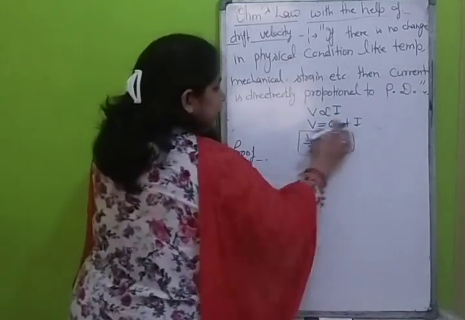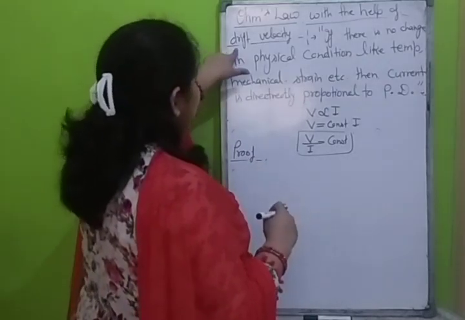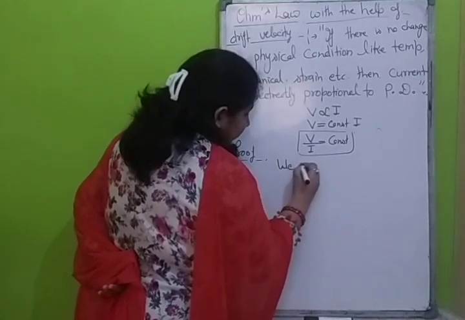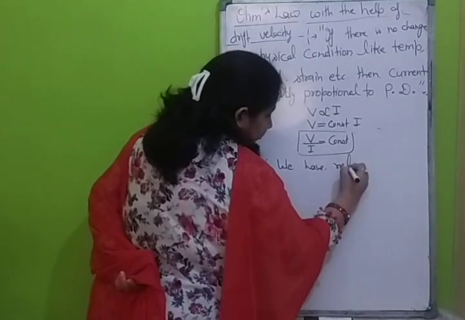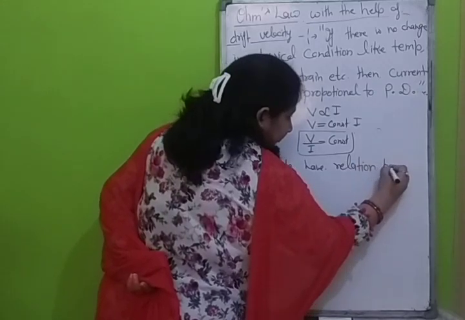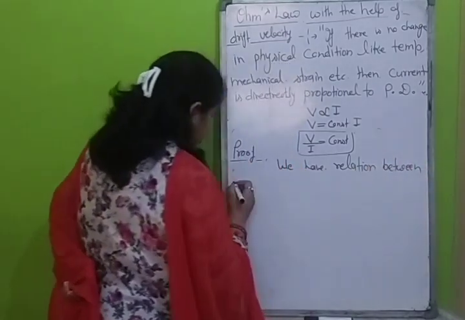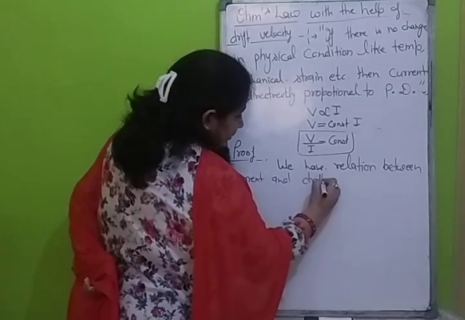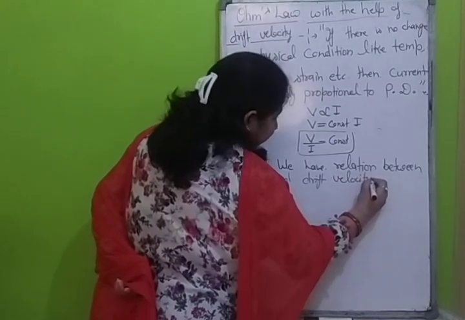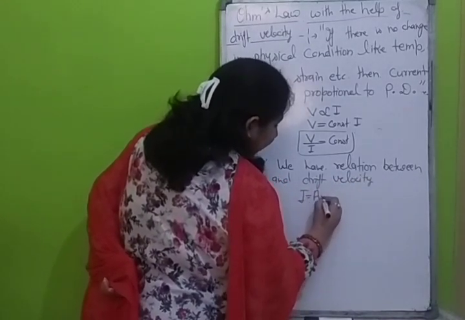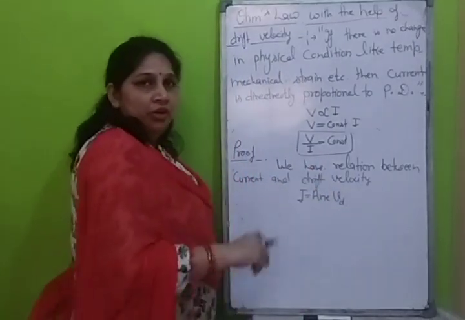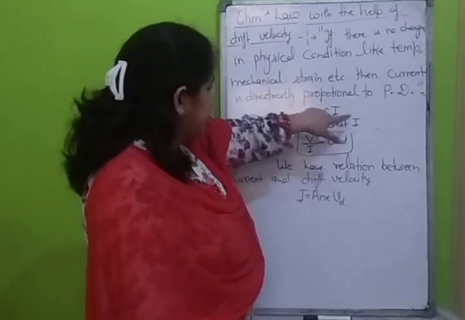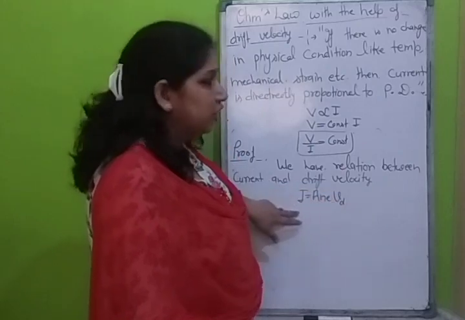We have the relation between current and drift velocity: I is equal to A n e Vd. We need to relate I with V to prove this relation, so we need V also in this formula.